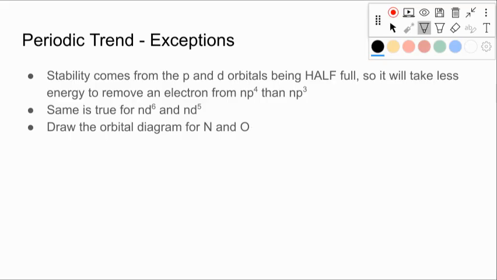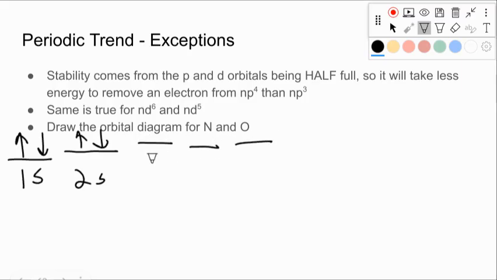And so remember, orbital diagrams are where we are going to draw the line to represent the orientation. So for nitrogen, we're going to start out with 1s2. Going to raise it up a little bit to the 2s, so then it's going to be 2s2. I should have done this a little bit lower.